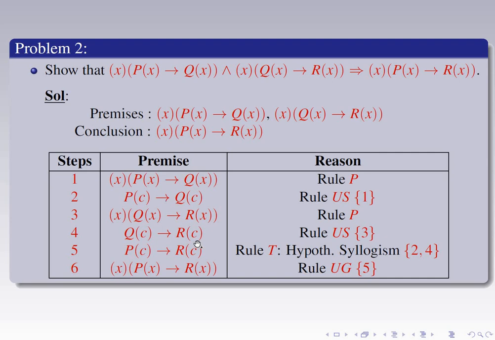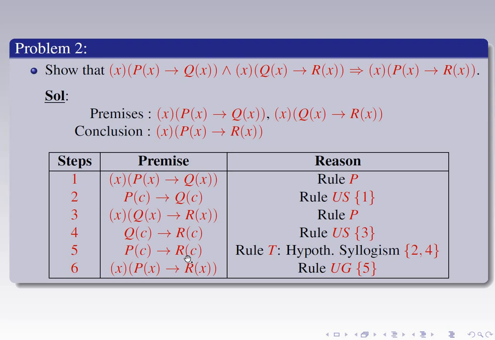By using the rule hypothetical syllogism, we can rewrite it as P(c) implies R(c), because hypothetical syllogism states that P implies Q, Q implies R means the conclusion will be P implies R. Hence, here the conclusion will be P(c) implies R(c).